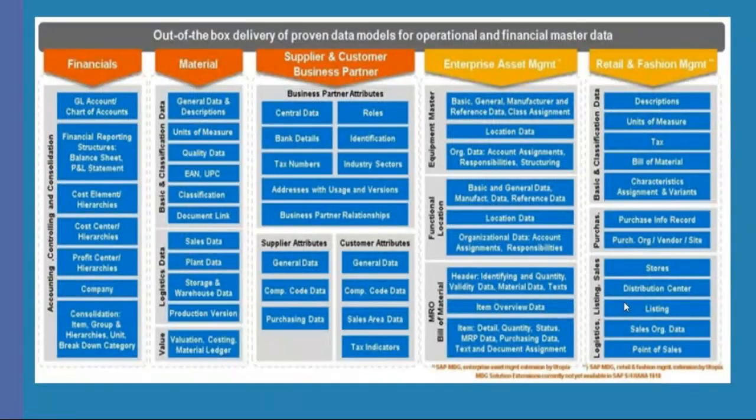And then you can see it is kind of at a glance, where you can see we have finance, we have material, we have supplier, and apart from that we have a couple of new things, basically enterprise asset management, which is a new thing which we will also talk about.